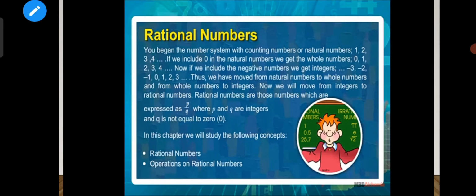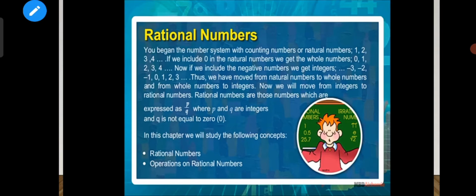Rational number. We begin the journey of the number system with counting numbers or natural numbers, the numbers 1, 2, 3, 4 and so on. When we include 0 in the natural numbers, we get the whole numbers 0, 1, 2, 3, 4 and so on.